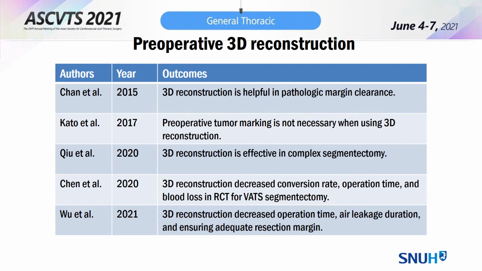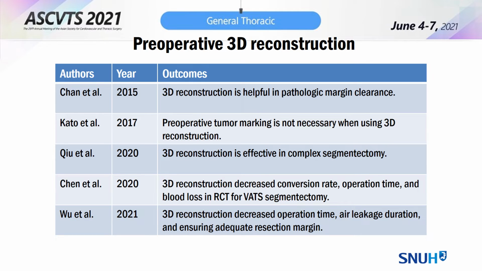In 2017, Kato reported they did a 3D reconstruction guided segmentectomy without preoperative tumor localization or marking. And they concluded that it was possible in 100% of patients, and it is a very safe and effective method. If a segmentectomy is planned, preoperative localization may not be necessary when using the 3D reconstruction.